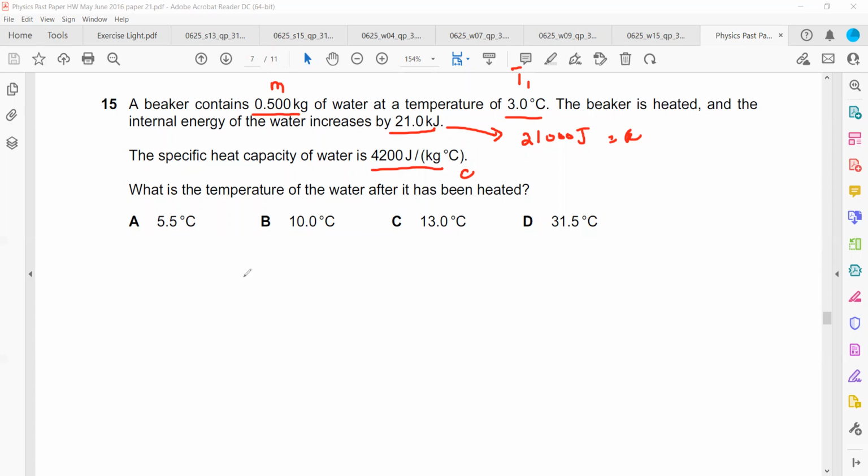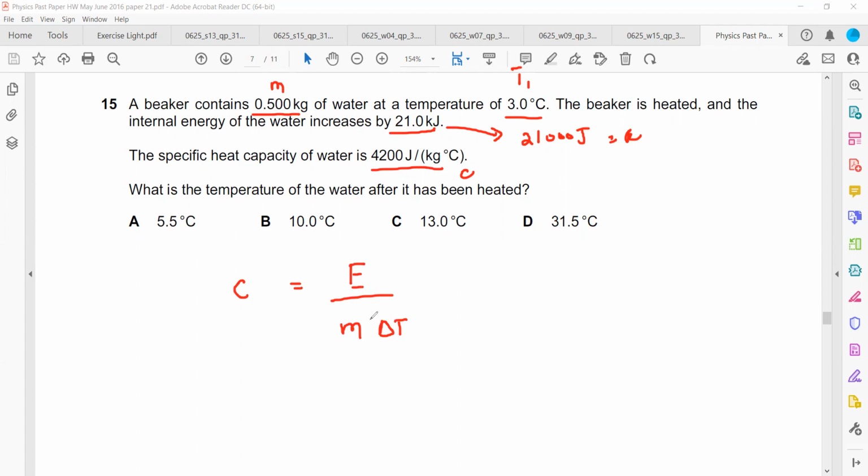First, we should use the formula for specific heat capacity. The specific heat capacity is equal to energy divided by mass times temperature change. In some books, they write temperature change as delta theta. You can use that, or if you want to use temperature change delta T, that is also correct.